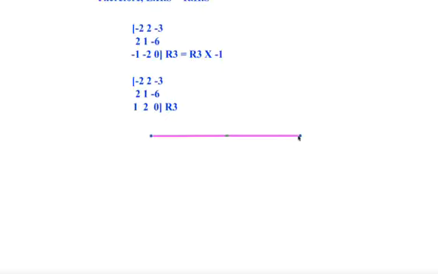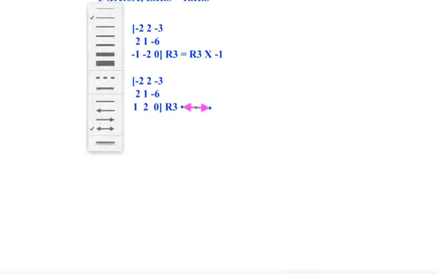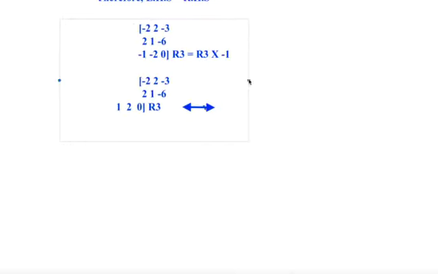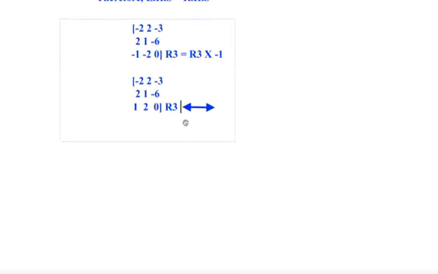Why are the arrows this lengthy? R3 interchange with R1. Yes, interchange both.